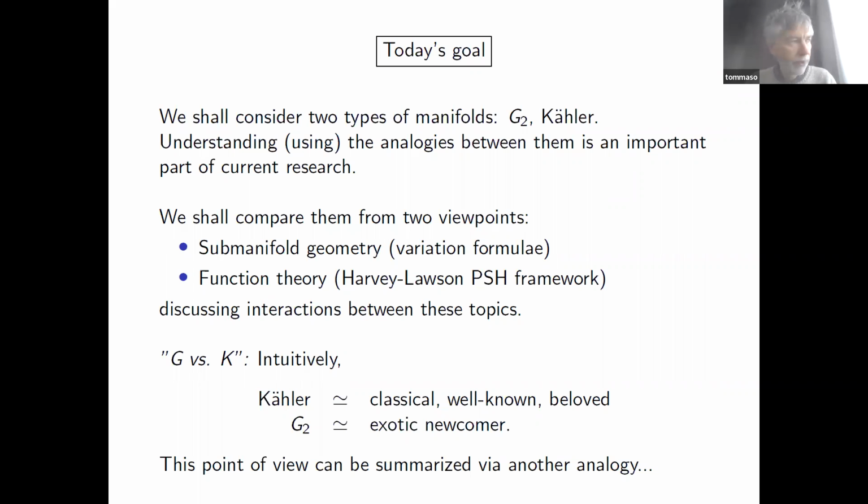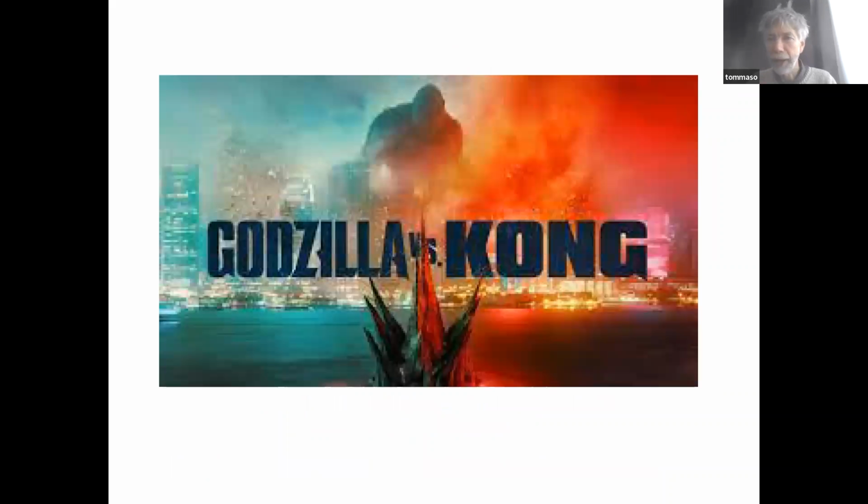Okay, so I enjoy summarizing this clash between different geometries in the following way. It turns out Hollywood was already prepared for discussing the G versus K exotic and classical geometries.